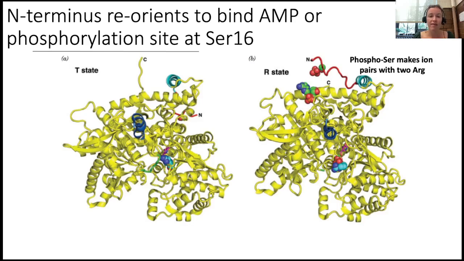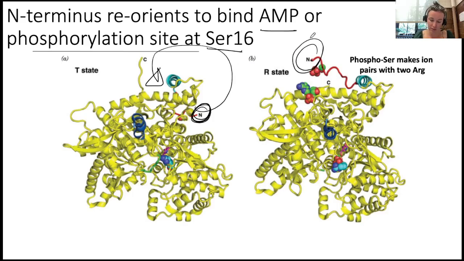What happens if the enzyme is phosphorylated at serine 16, or if the enzyme has bound to AMP? What happens when AMP is bound or when serine is phosphorylated is that the N-terminus that was down here swings up and reorients itself up here.